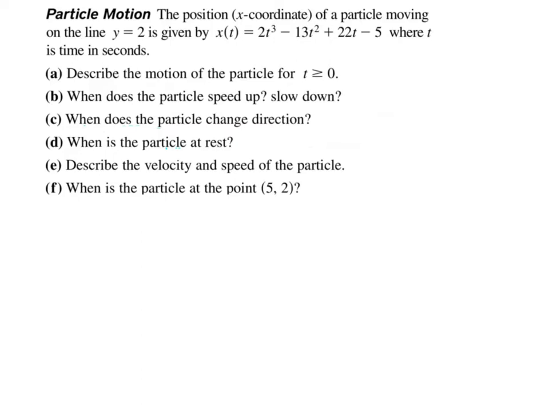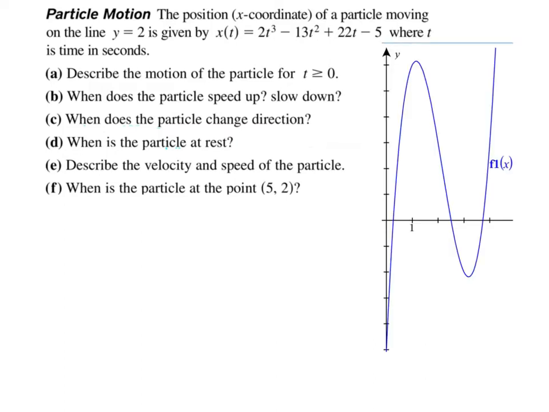This is a parametric equation, just a simple one with y values staying at a height of 2. So we're just talking about this thing moving horizontally, and it moves with that equation. Describe the motion of the particle for t greater than or equal to 0.